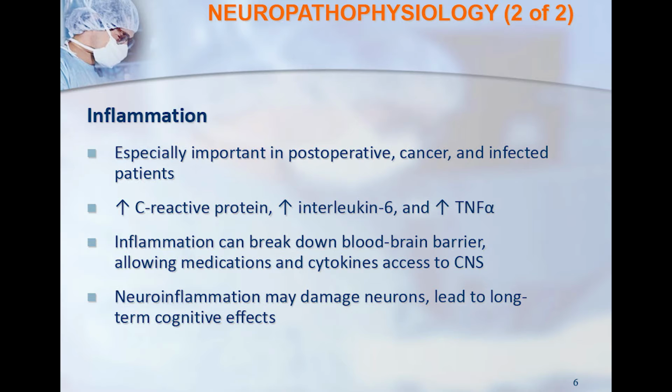So with inflammation, the normal blood-brain barrier is disrupted, and the medication and the cytokines reach the CNS, and the brain is affected, leading to delirium. Neuroinflammation may damage neurons and lead to long-term effects.